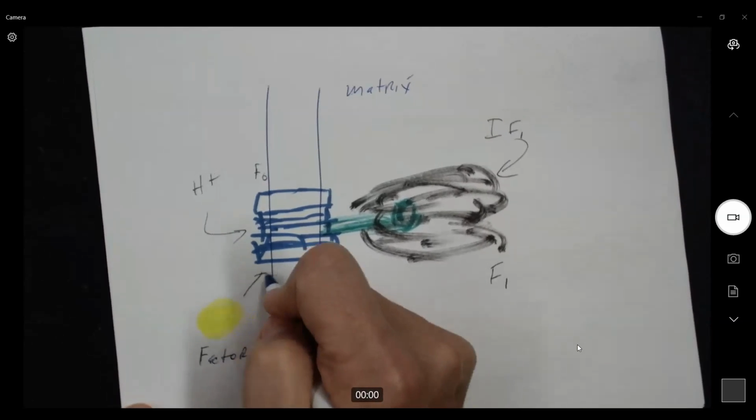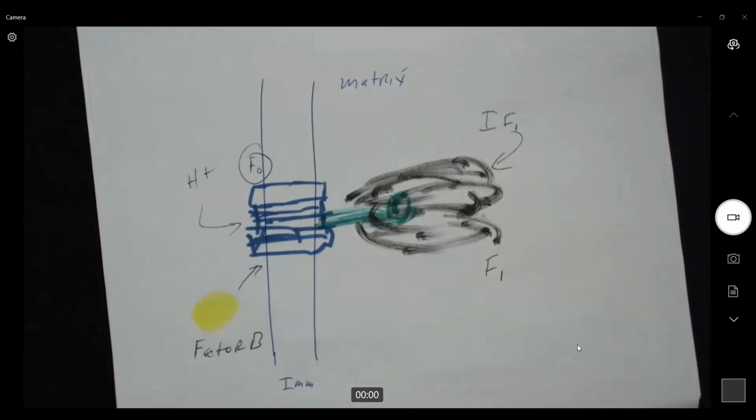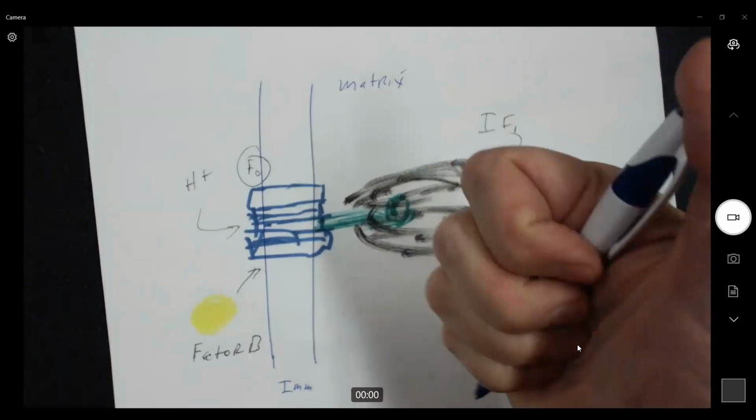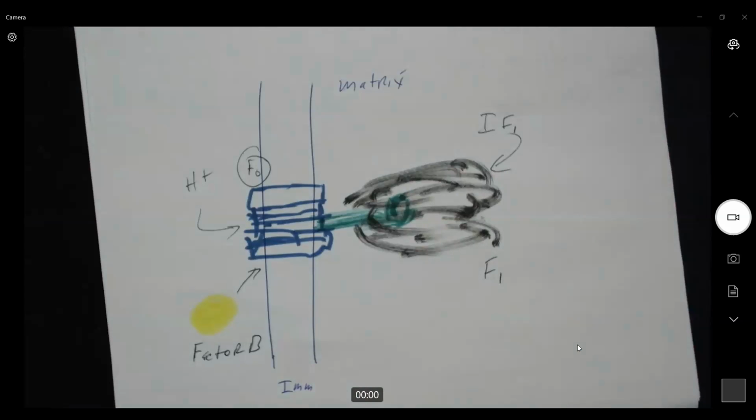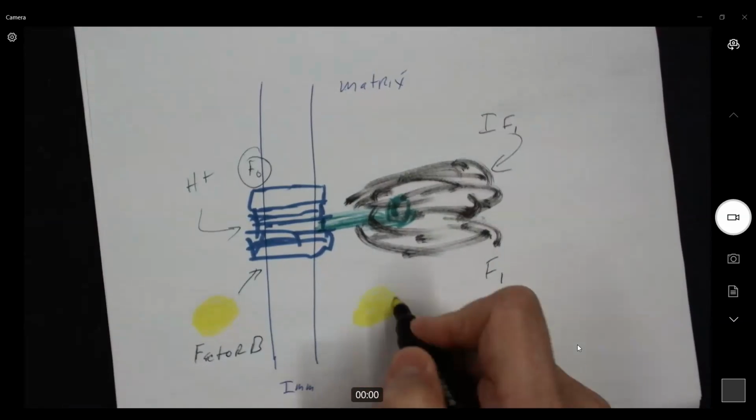This is going to interact with the F sub O subunit. It's going to interact, and you know what? I drew this on the wrong side. It's going to interact on the matrix side.